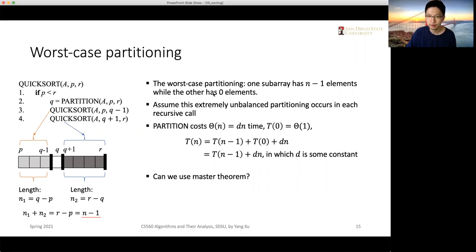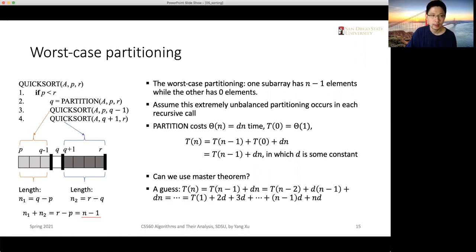We can do some simple expansion, right? We can expand the right term here. We can expand the term for T of n minus 1 into T of n minus 2 plus d times n minus 1, right? Plus d times n. And this T of n minus 2 can be further split into T of n minus 3 plus d times n minus 2, right?